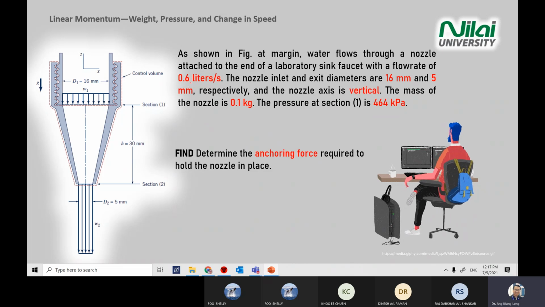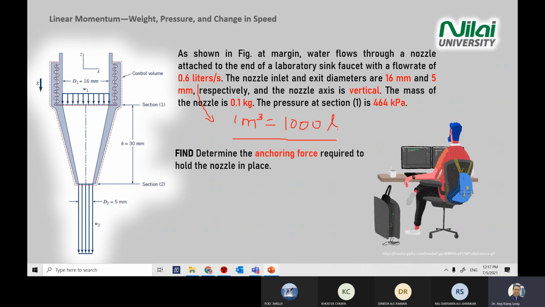For example, liter: if the question asks you to calculate in SI units, the conversion is 1 meter cube equal to 1000 liter.